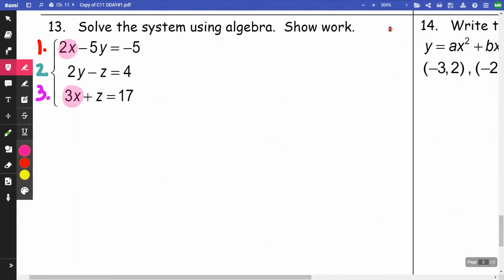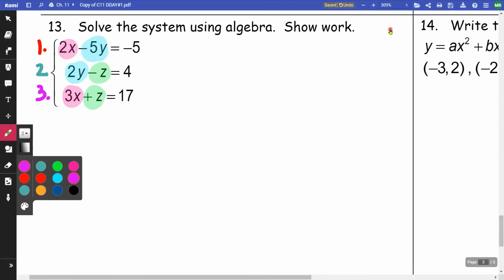My x's, I have a 2x and a 3x. Let's see what happens with my y's. I have a -5y and a 2y. Neither of those seem like I want to do either one. So if I'm looking at my z's, I notice that I can add those together and they're going to cancel out. So I'm going to eliminate z.